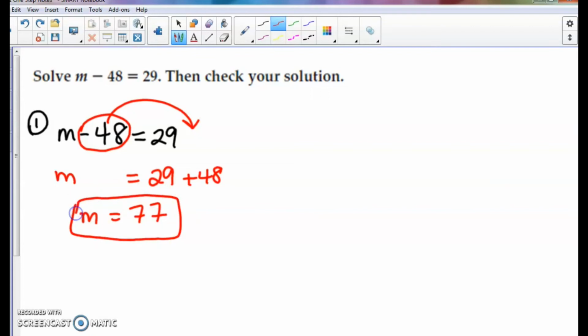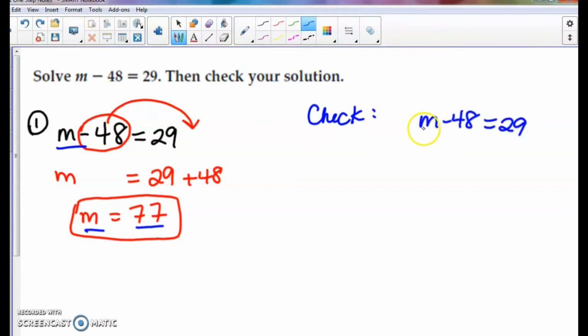For this one, we're going to do a formal check where we make sure it's the correct answer by substituting the value of m, 77, into our original equation. The original equation is m minus 48 equals 29. M is 77, so 77 minus 48 equals 29.